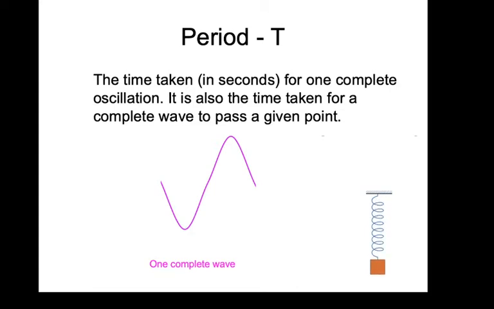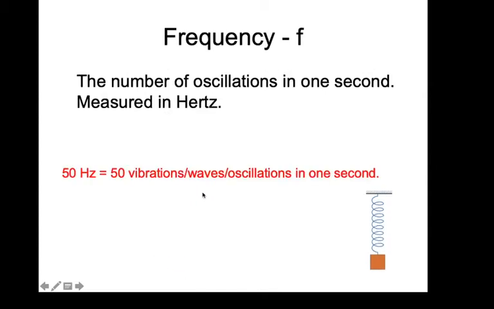It then travels all the way up, and once it reaches that bottom position again, where it's at its furthest point below equilibrium, it has completed one period. So it all depends on where we start. One complete wave, how long that takes, is the period.